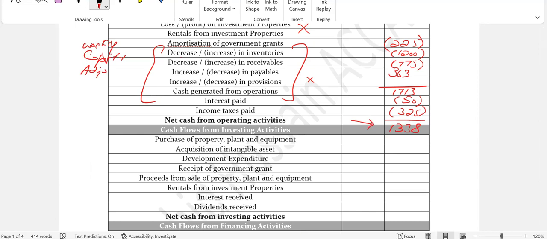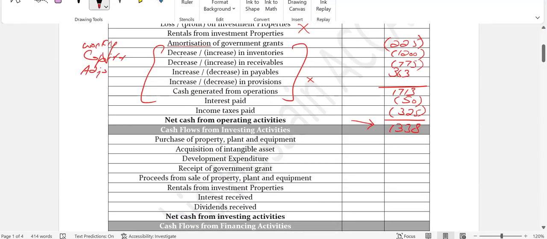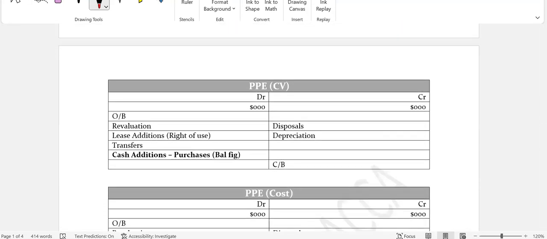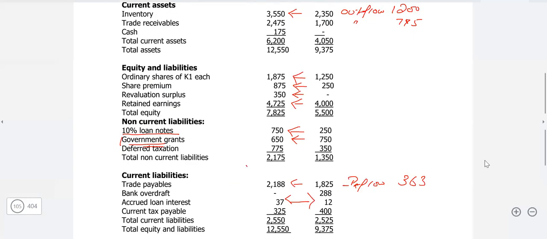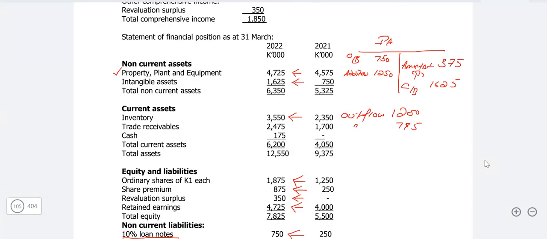Now we need to calculate the investing activities, in which the first figure is the purchase of the property, plant, and equipment. We already know the T account of it. We have the carrying value T account, and let's go to the question and see the opening balance of the property, plant, and equipment.